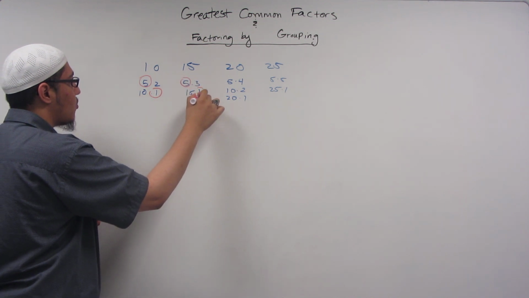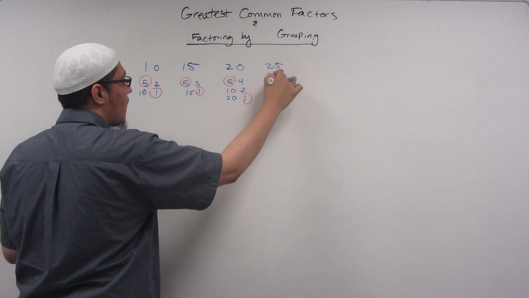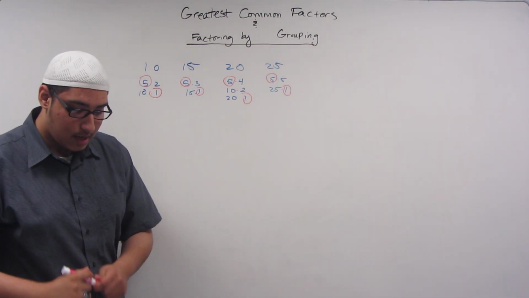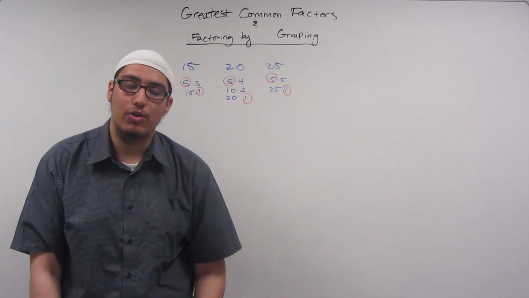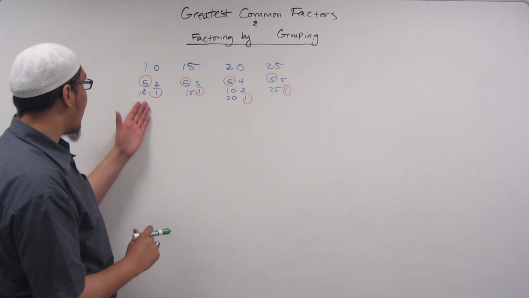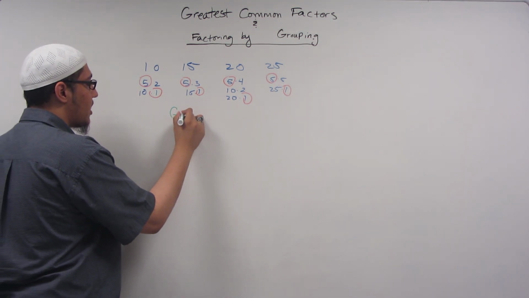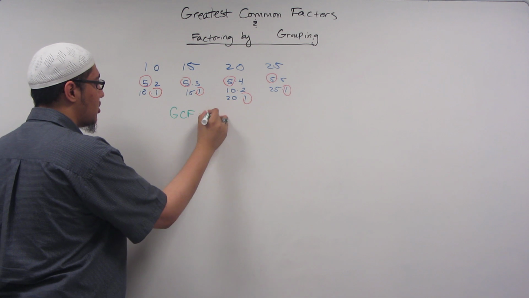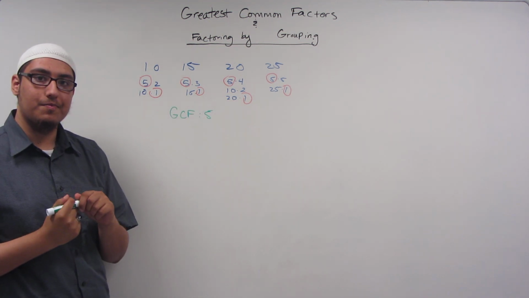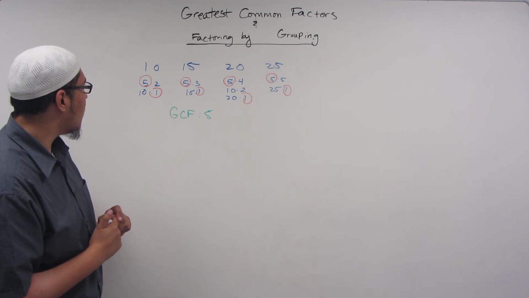But when we talk about the GCF, we're talking about the greatest common factor. So you come to these factors, take the largest number from here, which happens to be 5 in this case, and write that as the GCF. Okay, so in this case, the GCF is 5.